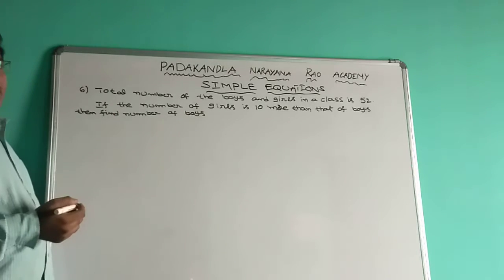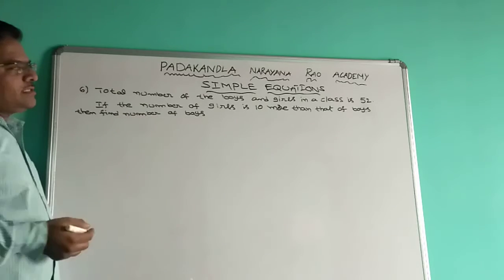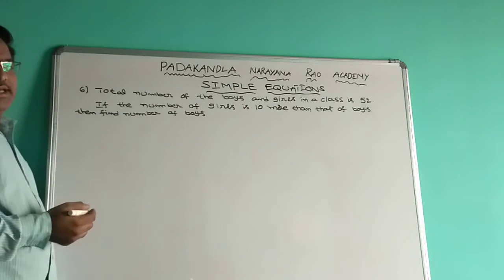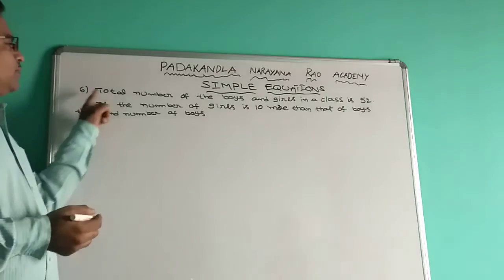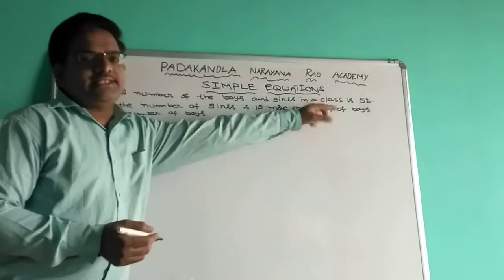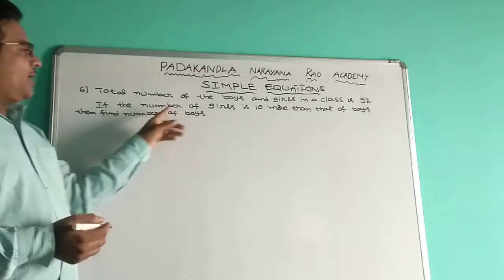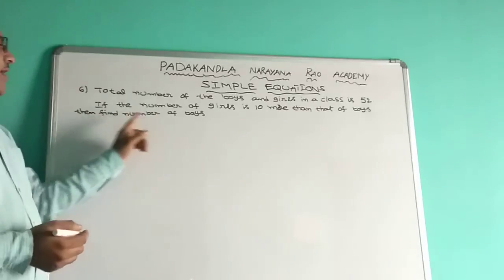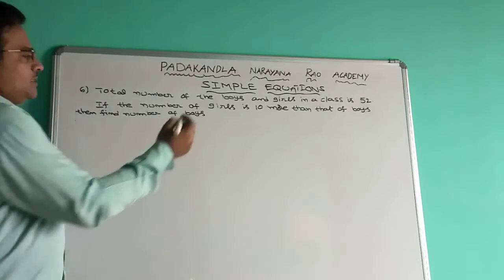Now the sixth problem, observe it here. This problem is also linked with simple equations, but a word sentence is given. Total number of boys and girls in a class is 52. If the number of girls is 10 more than that of boys, then find the number of boys.